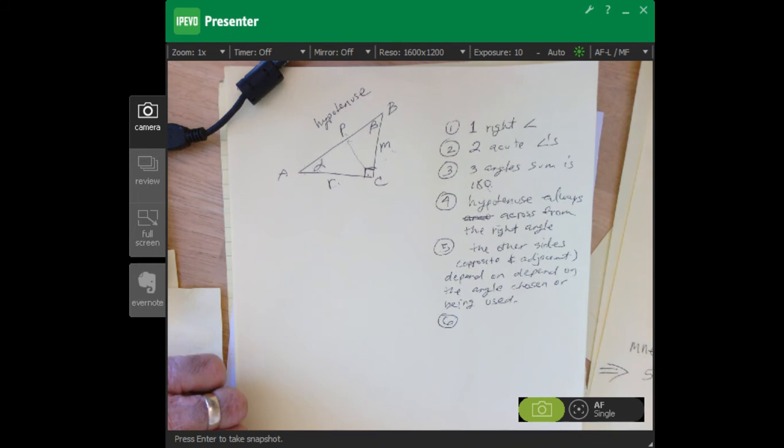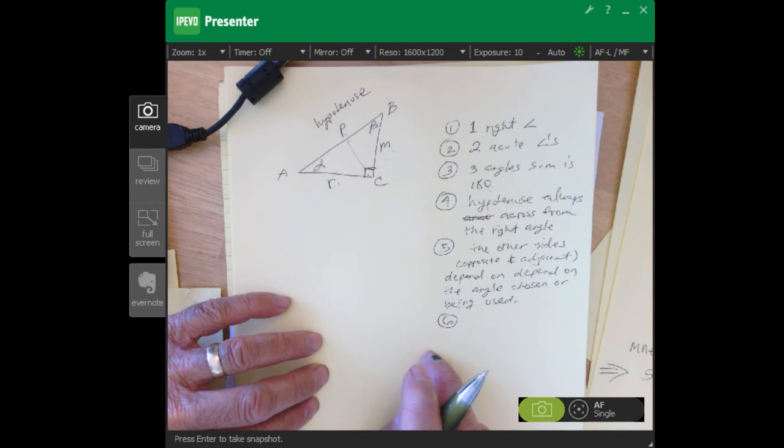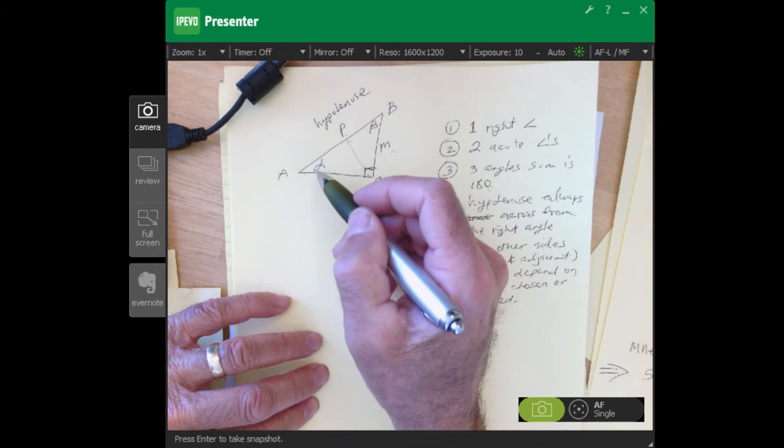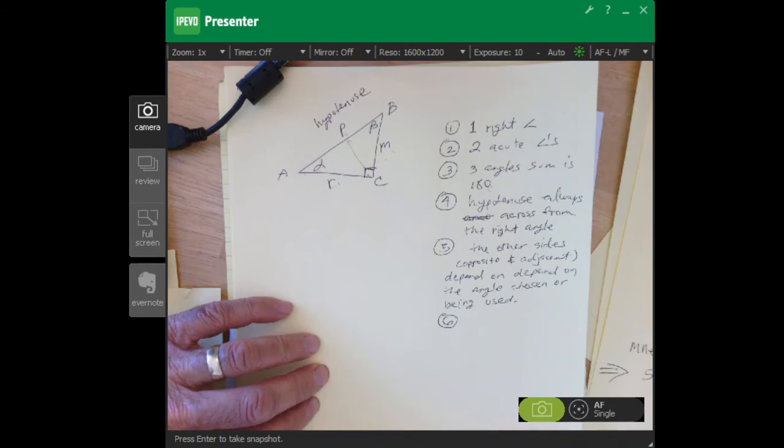Before you can find the opposite side and the adjacent side that you're going to be using in the trig functions, the first thing you have to do is understand what angle you're using. Sometimes you'll have a choice, sometimes you won't really have a choice.